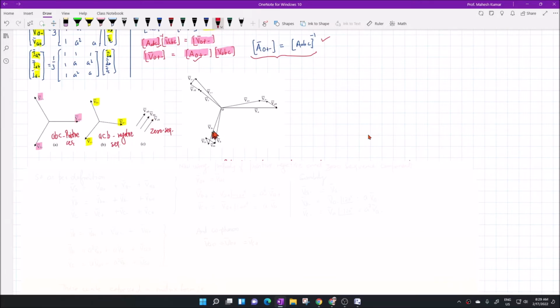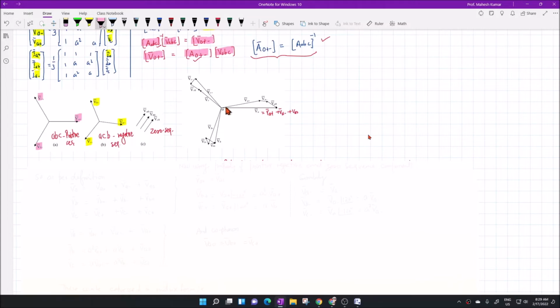Now, if you find Va from this, obviously this is Va. So Va is the sum of Va plus, Va minus plus Va0. You can see this is Va plus. What is Vb plus?